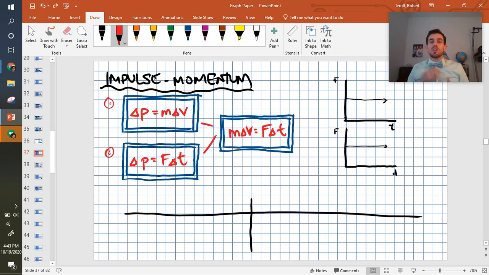So these are equations that come up a lot, but one thing that I want to point out is this relationship between force and time. If we want to get something done very, very quickly, it's usually going to require a lot of force. An example of that, and we'll talk about this, I'm sure, in class, is if I get in a car accident, I have momentum that will be changing.